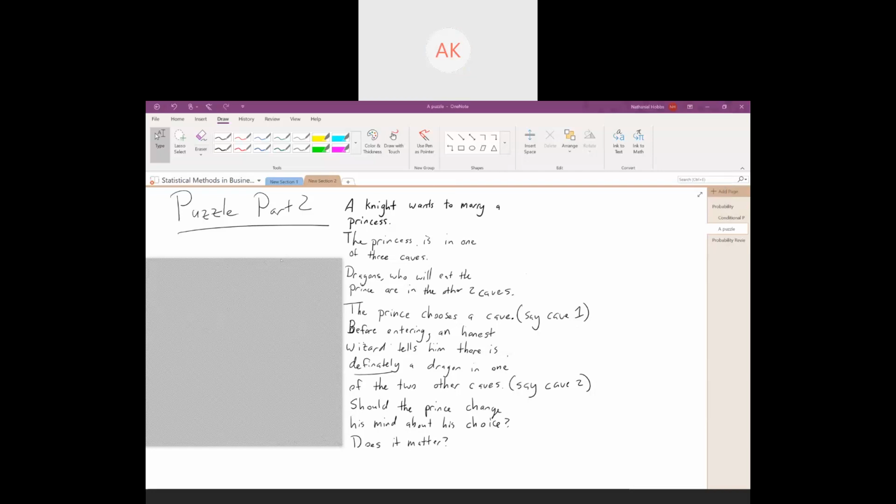He doesn't just say, "Oh, there's a dragon in one of the others." He names it. He says, "You chose cave 1. There's definitely a dragon in cave 2." Or if the prince chooses cave 3, maybe the wizard says, "There's definitely a dragon in cave 1." So the prince chooses a cave.